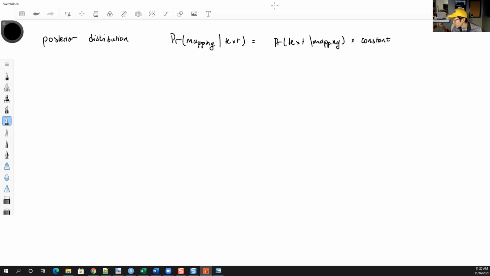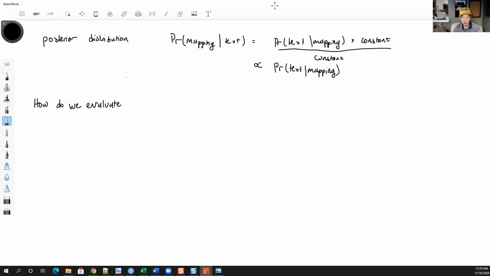The prior probability is a constant, and the marginal probability is also a constant. And so this just becomes proportional to the probability of the text given the mapping. And the question is, how do we evaluate this quantity? What's the probability of the text given the mapping?